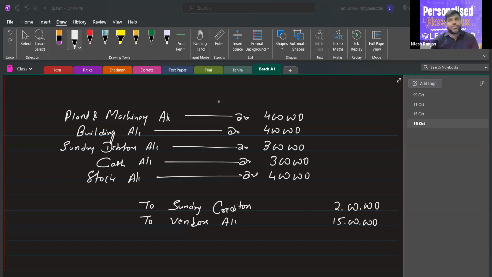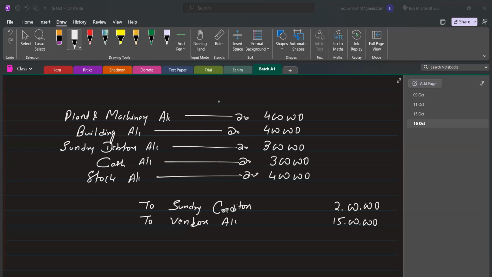So the amount that should be paid to the vendor is 16 lakh, but in actual we are paying only 15 lakh. So there is 1 lakh less payment. So it would go to the reserve account.